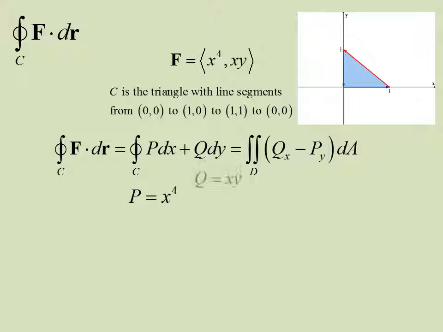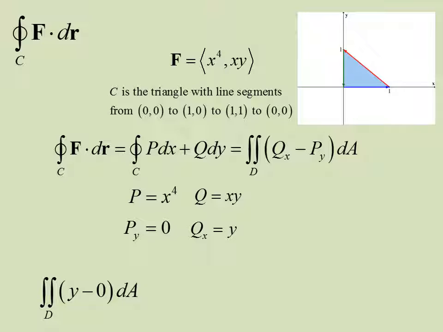So here is the two components of the vector field. X component, our first component, is x to the 4. Second component, x times y. We do the derivative of each of those. And again, we're wanting the derivative of Q with respect to x minus the derivative of P with respect to y, which would just be y.